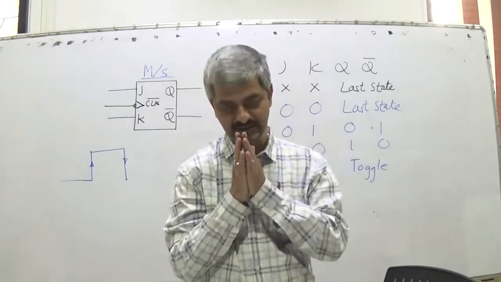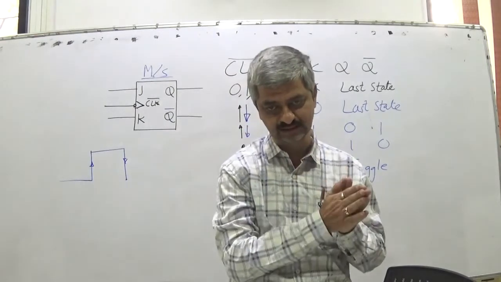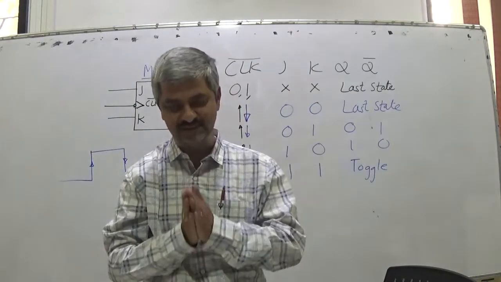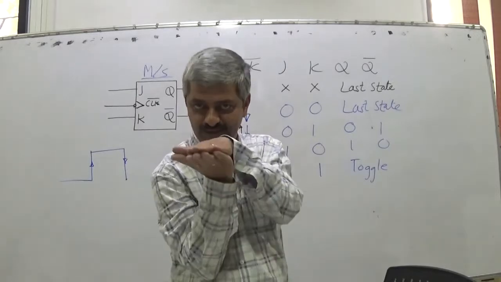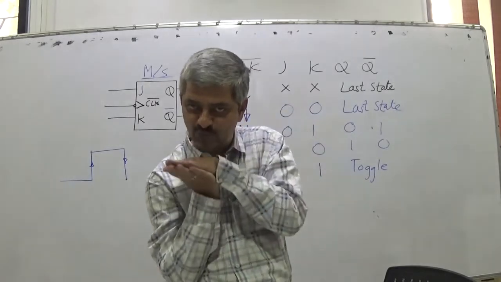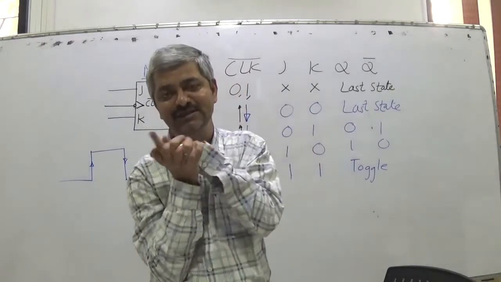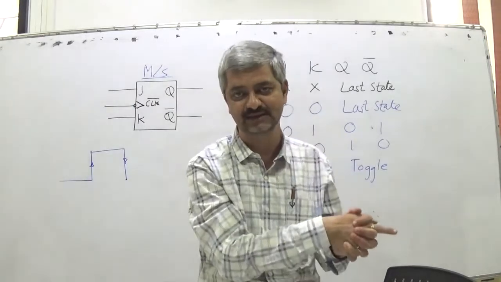Means if input is 0, 0, output is last state. If input is 1, 1, output is reverse of last state. So for 0, 0 input, last state is maintained. For 1, 1 input, last state is toggled. Whereas when inputs are 0, 1, outputs are 0, 1 irrespective of last state.